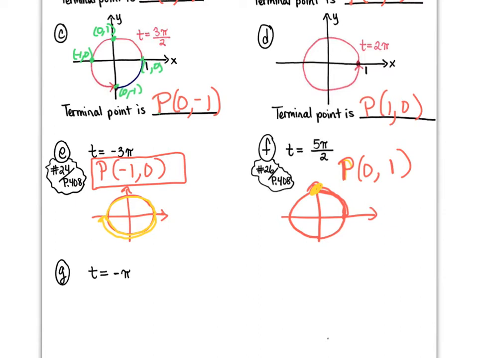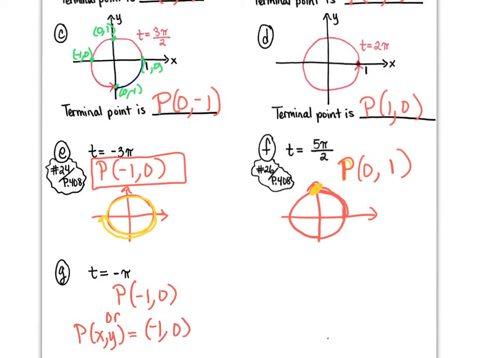What is your terminal point when t is equal to negative pi? Negative 1, 0. Good. P of (negative 1, 0). Or your book goes back and forth between the following, where you have P of (x, y) equals (negative 1, 0).